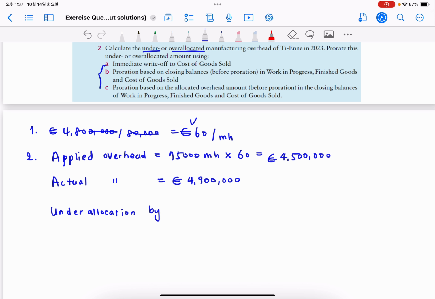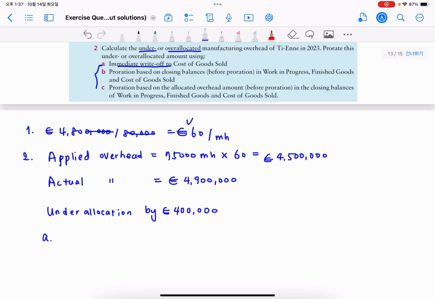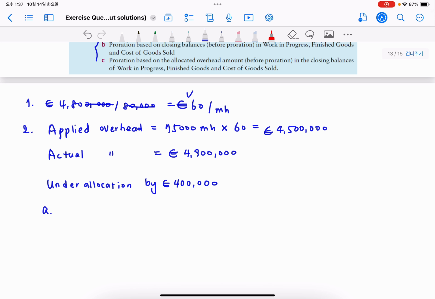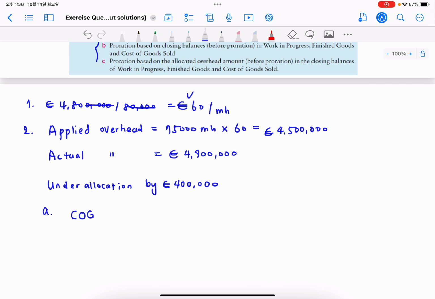By how much? By the difference between the two numbers, which is 400,000 euros. Then we can first write it off to the COGS immediately. If there is an under allocation, it means that we need to further add to the COGS. So we need to debit the COGS by 400,000 euros.